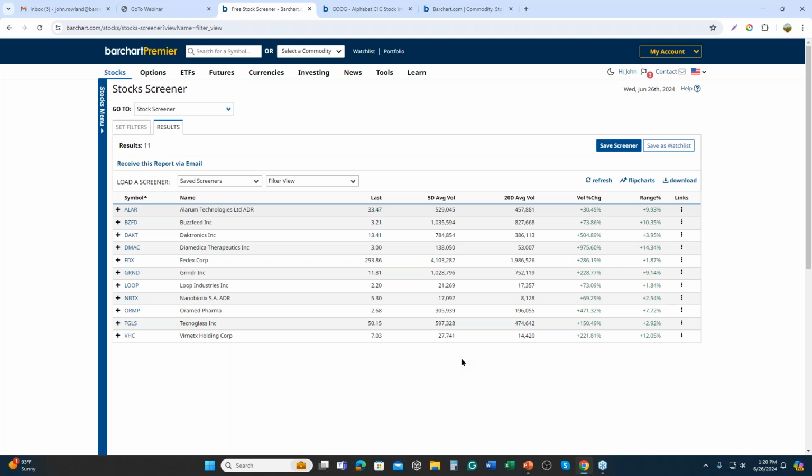So at this point, what I could do is look at each individual stock. I could go into flip charts and look at them. Now I'm just looking at these as of today. Some of them I've never seen these stock names before, but some of them are certainly household names. Now FedEx gapped up today on an earnings report.